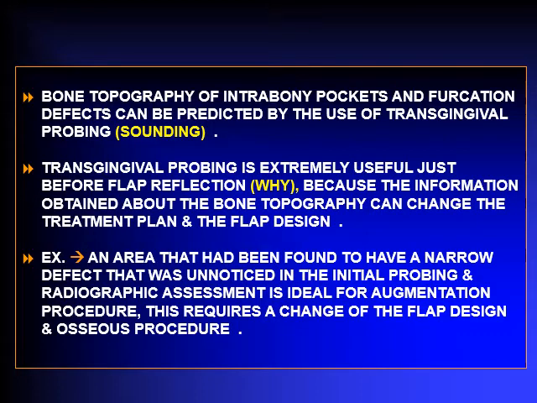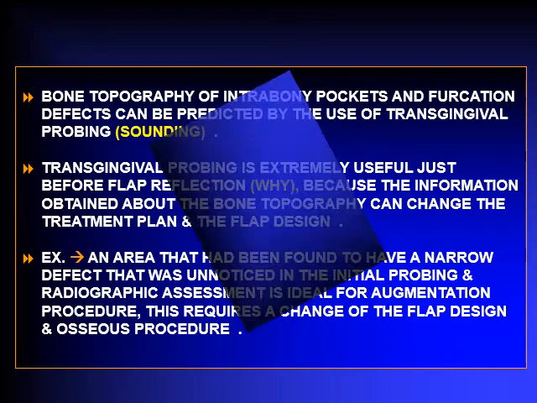So this requires a change of your flap design and the osseous procedure. So if you fail to detect the bone topography of the area, you will not change your treatment plan or your flap design, and there will be a failure.